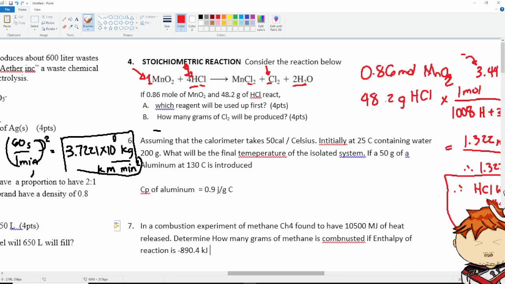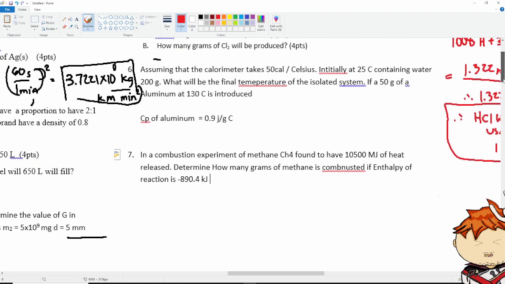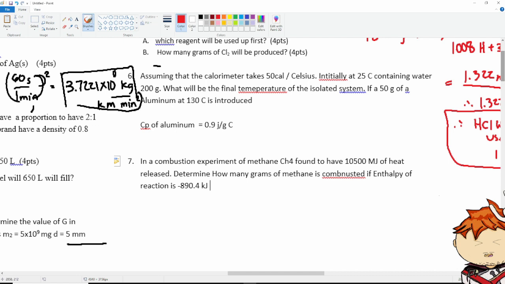Okay, so far so good. We're answering very diligently. Assuming that the calorimeter takes 50 calories. Oh, it's a calorimeter problem, a heat problem.